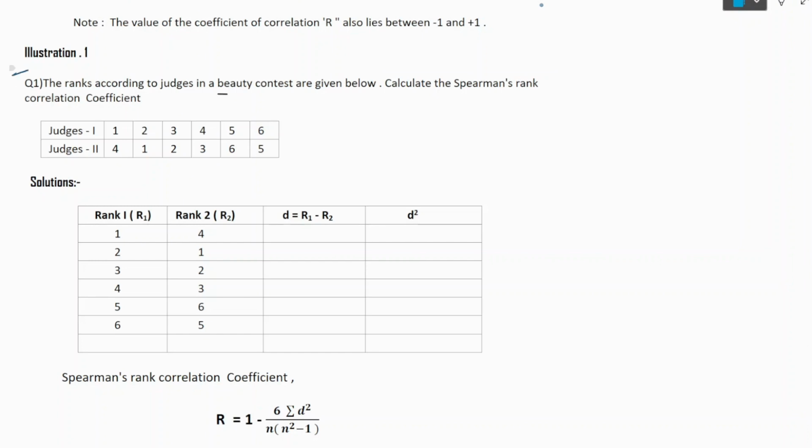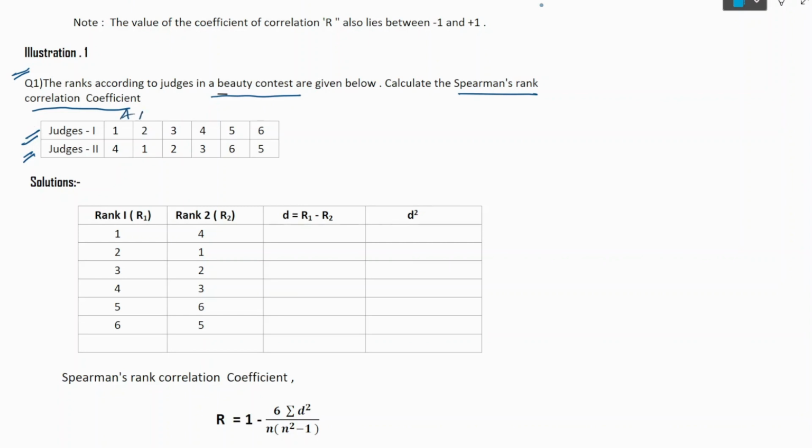We'll consider the first example. The ranks according to judges in a beauty contest are given below. Calculate the Spearman rank correlation coefficient. Sometimes they will ask you to calculate the rank correlation coefficient; then also we are going to do it by Spearman rank correlation coefficient. Here judge 1 and judge 2 have given the ranking for the students.